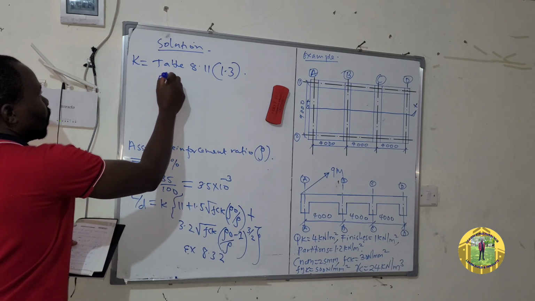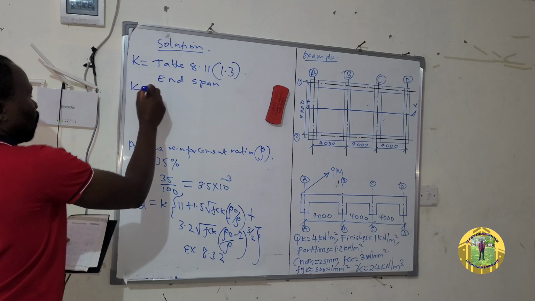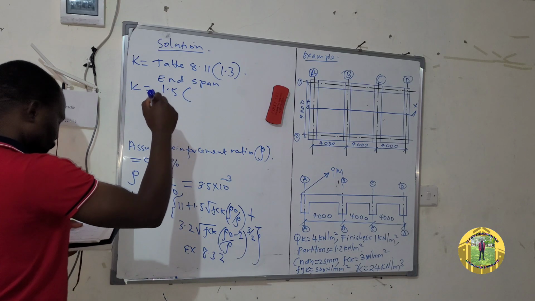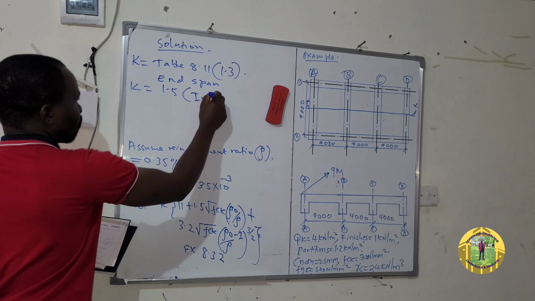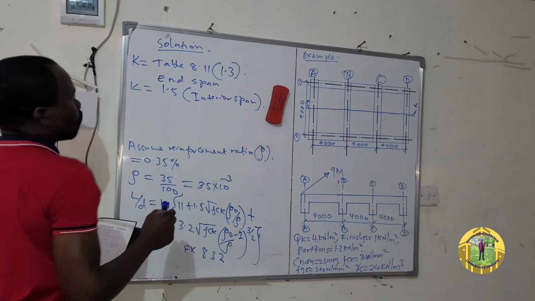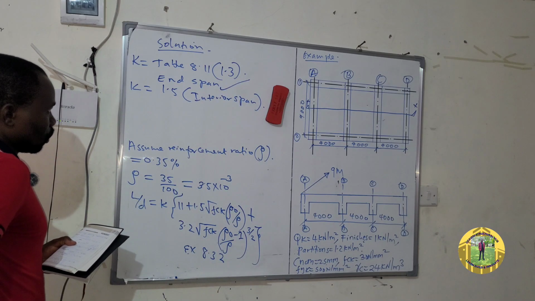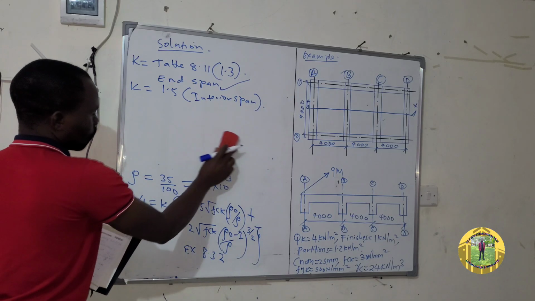So this is for the end span. And also K is equal to 1.5 for the interior slab or interior span. But we'll use the end span in our calculation. So we proceed.